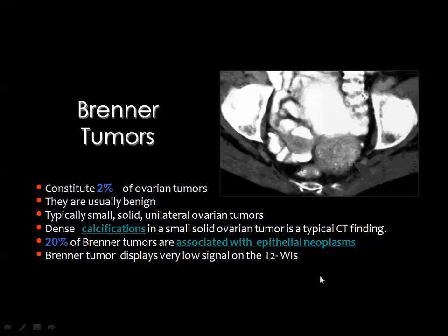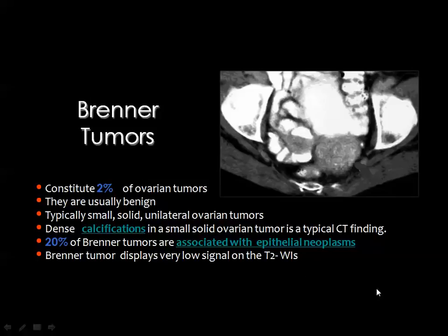Then we came to the Brenner tumor, which represents about 2% of the ovarian tumors, and this tumor is usually benign, and it is in most of the cases a solid lesion, and it contains calcium, which is considered one of the diagnostic landmarks of this tumor on CT, since you know that MRI is relatively insensitive for the detection of calcium. 20% of Brenner tumors are associated with epithelial neoplasms like ovarian cystadenoma or cystadenocarcinoma.